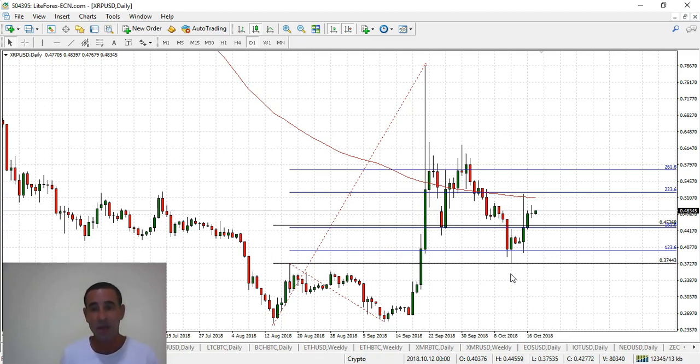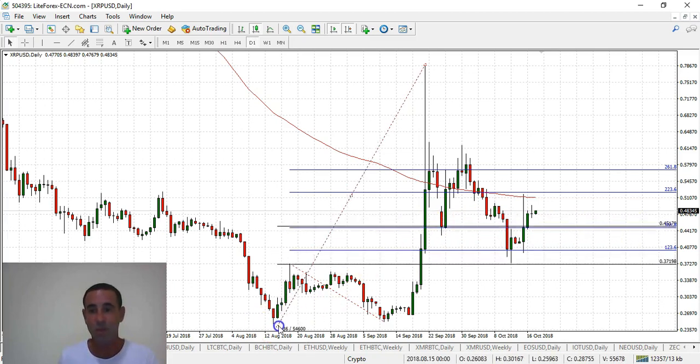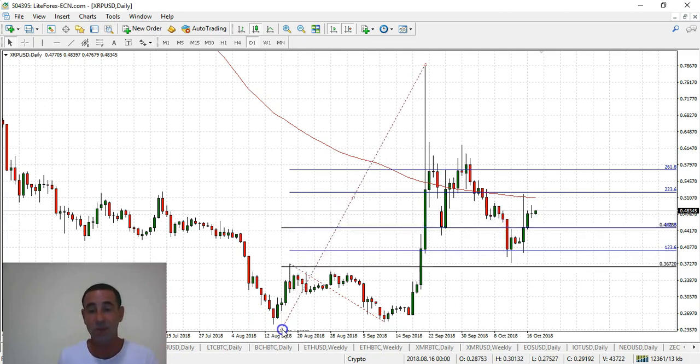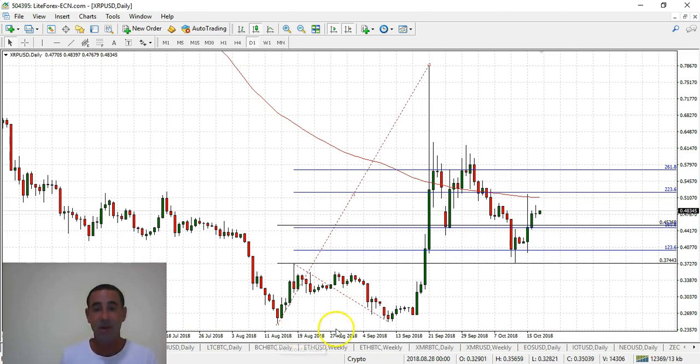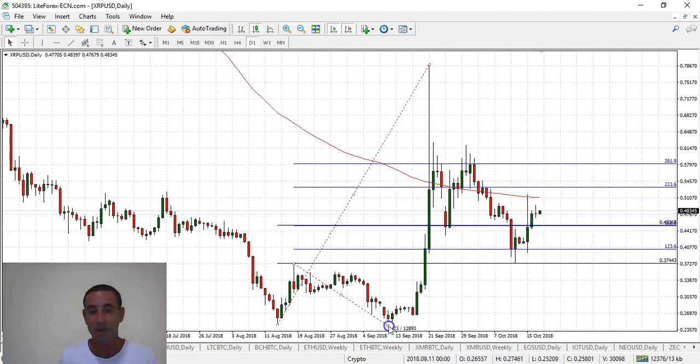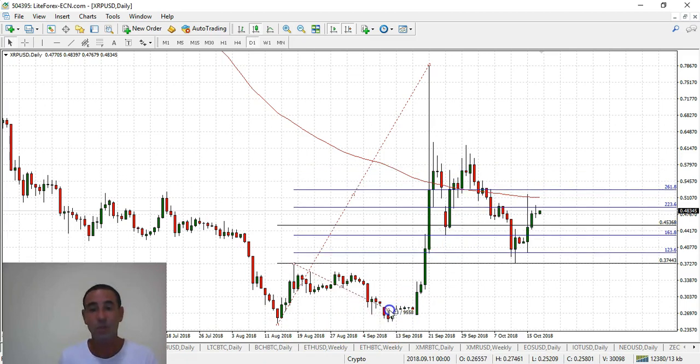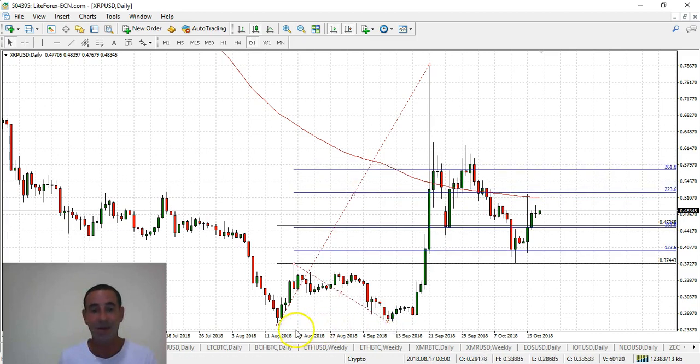And immediately I noticed that there was a pretty impressive hybrid cluster right here. Take a look. I'm talking about the 61.8 correction level of the black measurement, combined with the 161.8 on the projection measurement, right?